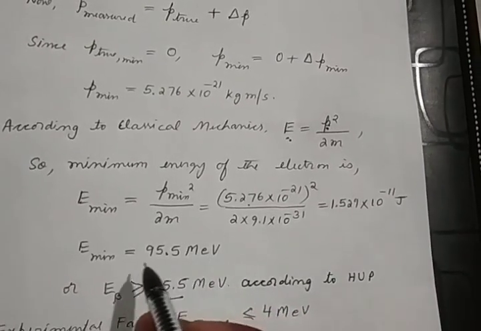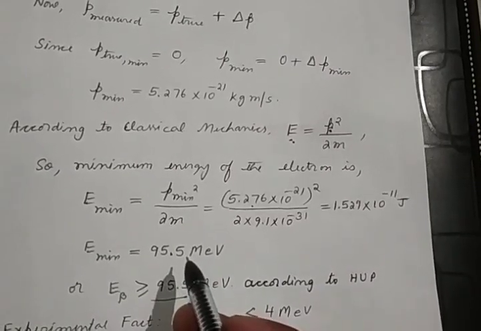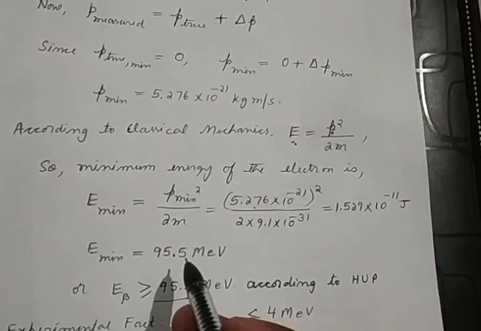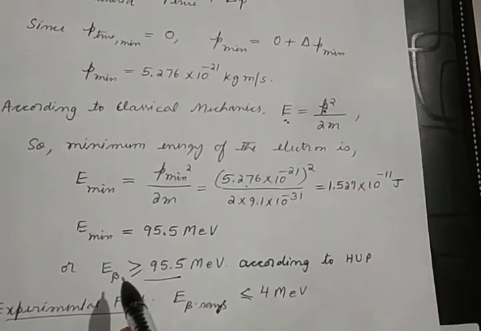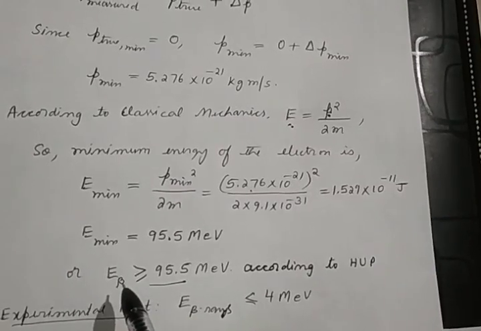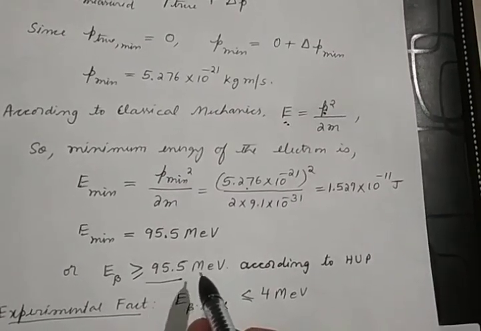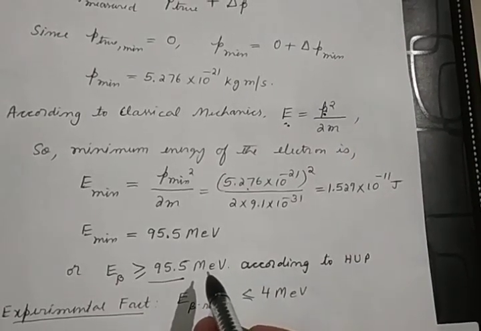So this is the minimum energy the electron should possess if it is present inside the nucleus. This is what Heisenberg's uncertainty principle says: the actual energy of the beta ray should be greater than or equal to 95.5 mega electron volt.